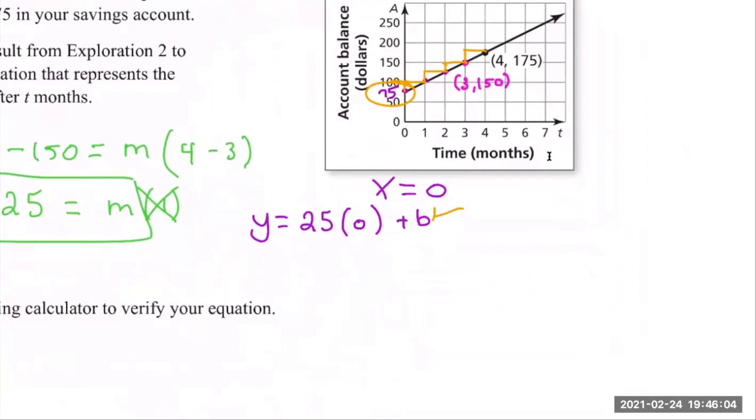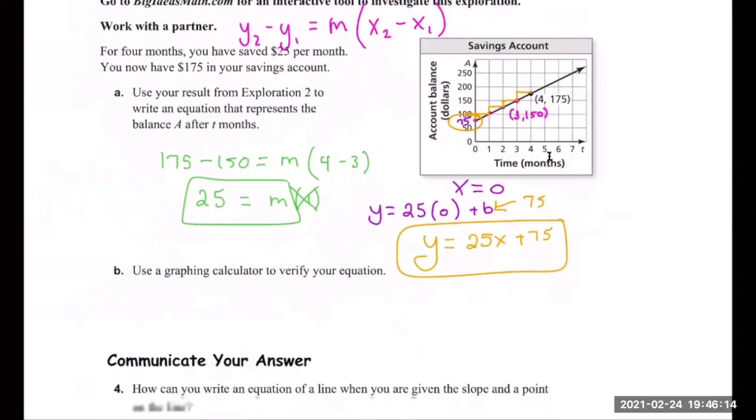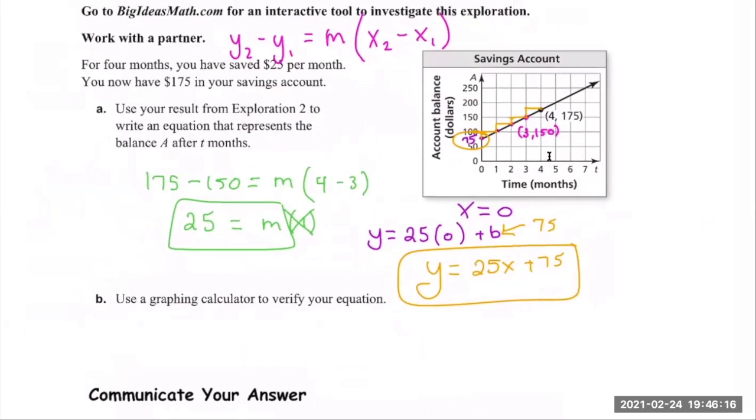So that becomes our b value. So now we have our equation y equals 25x plus 75. I know this may seem a little bit trickier, but remember, if you have the graph there, you can use it to your advantage and make those stair steps to allow yourself to find your answers.